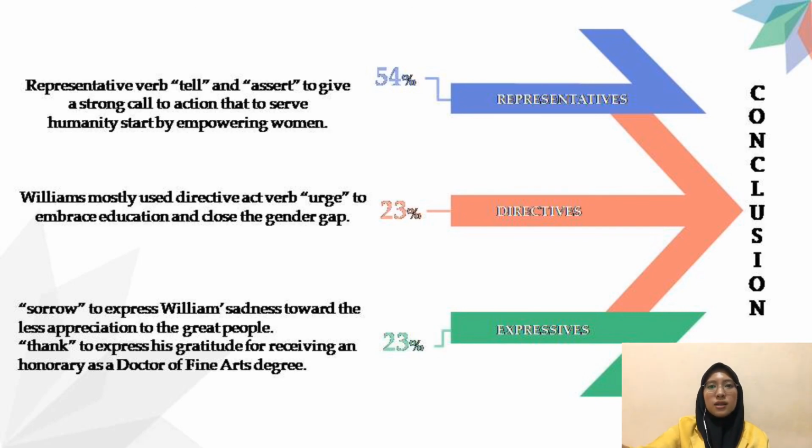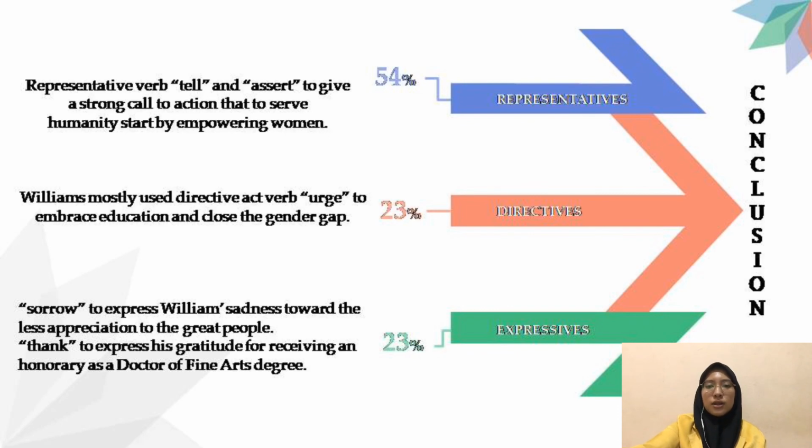And for the last, the expressive act is found in 23% or 11 data in the speech. Williams uses the expressive act sorrow to show his sadness toward the situation that happens until now. He expressed his sorrow about people who forgot the real work done by the real movers, and it becomes worse as their work doesn't become headlines, unlike those less important achievements.